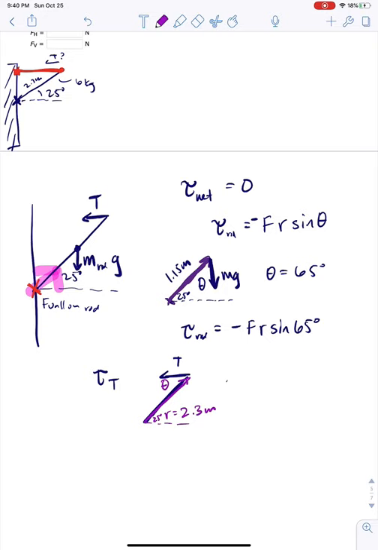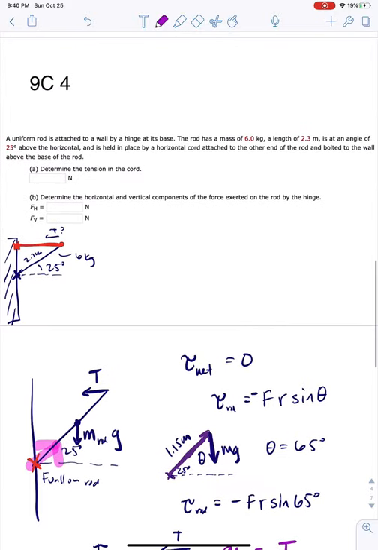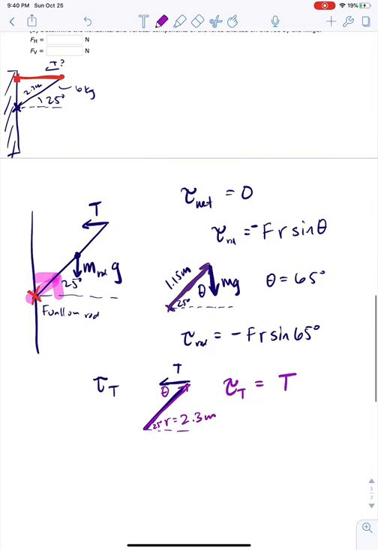All right. So our torque from our tension is the force from the tension, which we are finding. We don't know that yet. Times this distance r, which is 2.3 meters, times sine of 25 degrees. And again, we need to think about the sign of that.